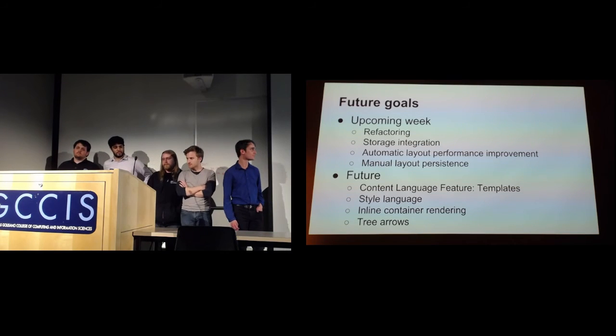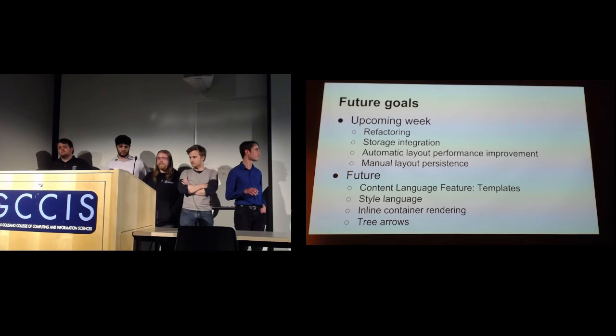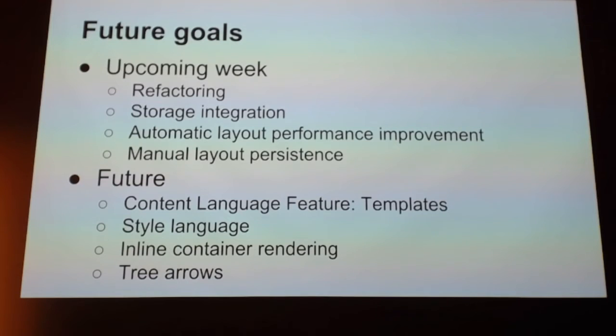So some of our feature goals this week and last week: we've been cleaning up some critical things. Like Morgan said, we have a storage backend and we have a front end. We just need to integrate them. Performance on the layout has been slow, but it has increased about tenfold this last week, so that's definitely improving. And persisting the manual layout is there.